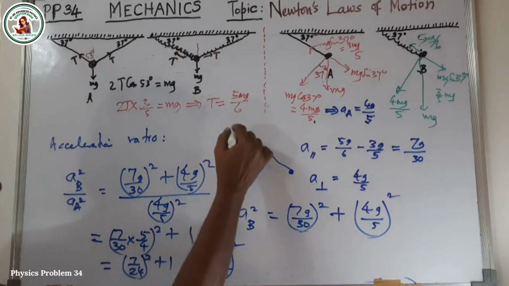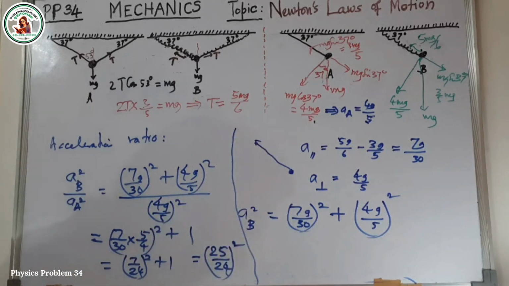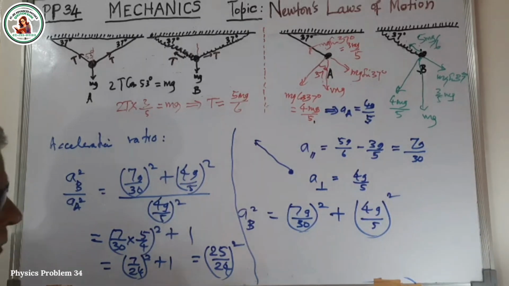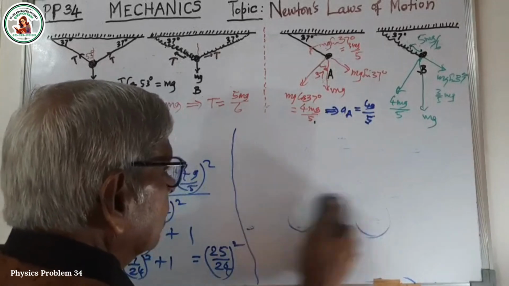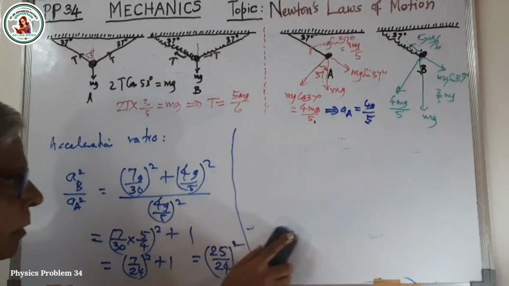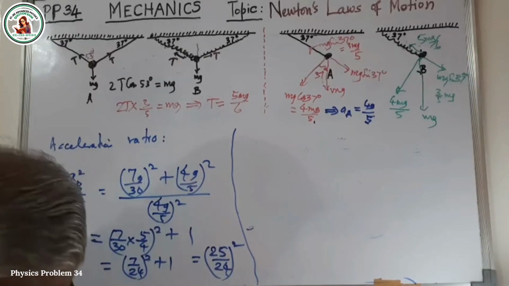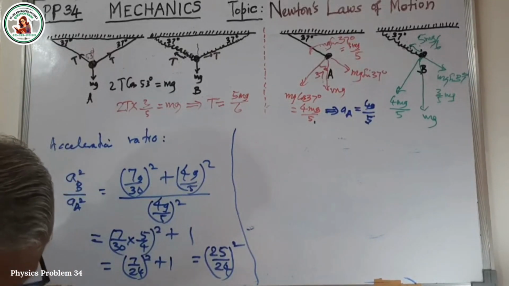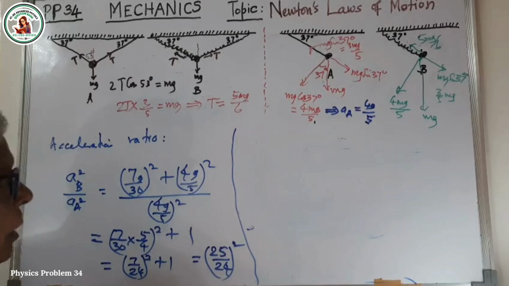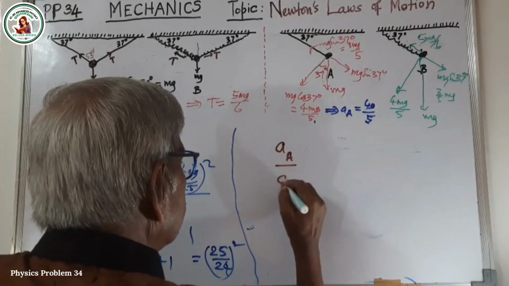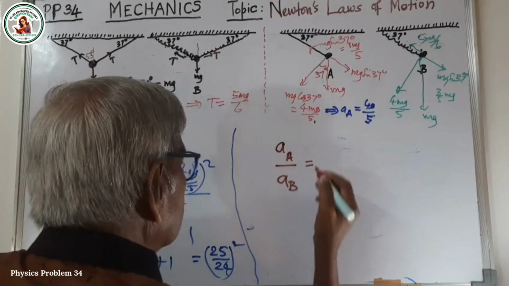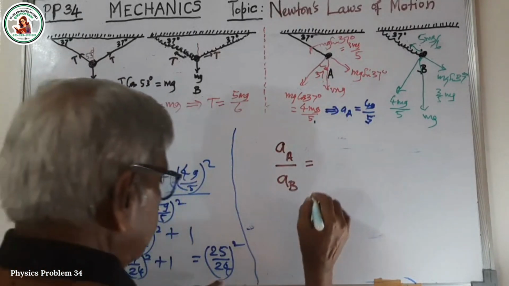So that is what we get. Now we express the final answer to the question. When questions are asked, we must keep to the same order of items, so a_A by a_B is what we want. That will be equal to 24 by 25.